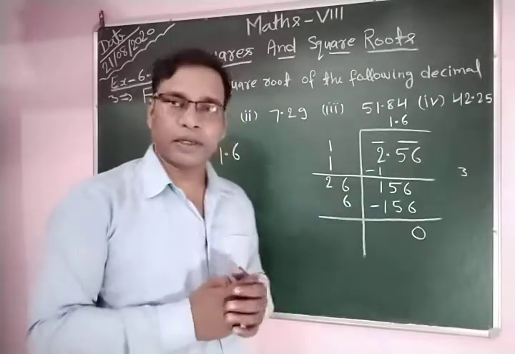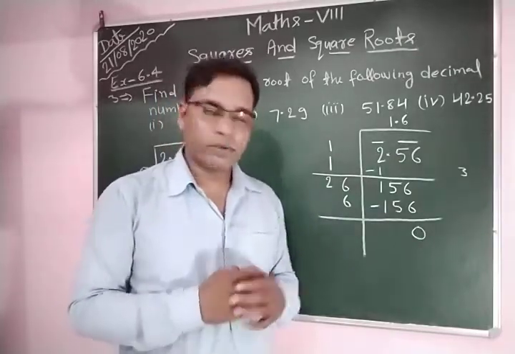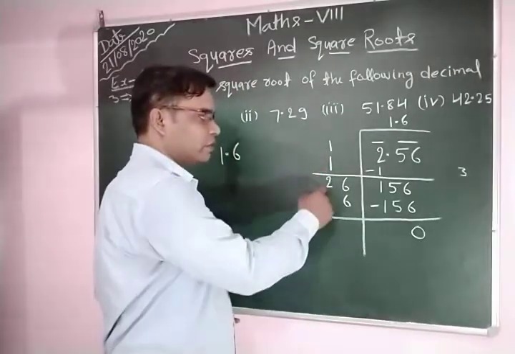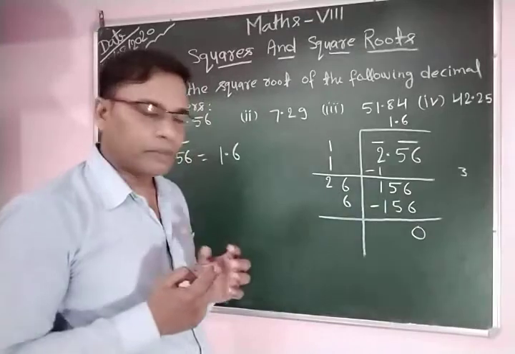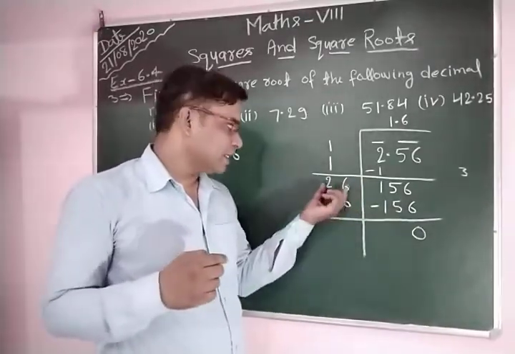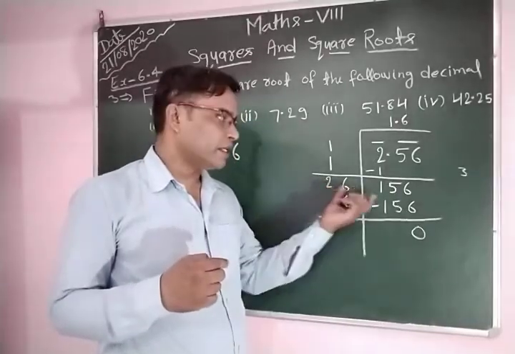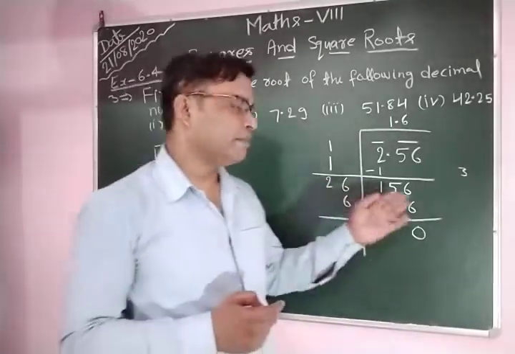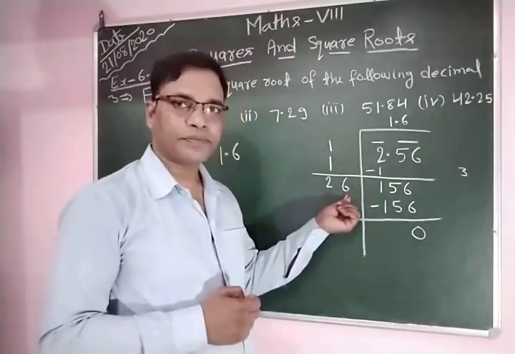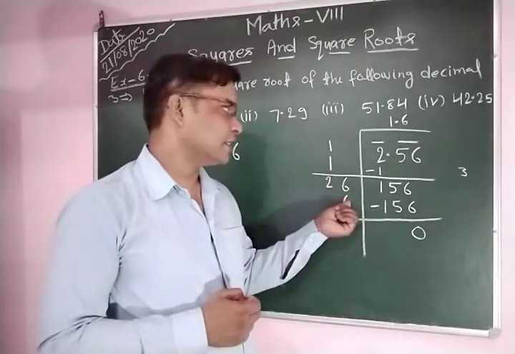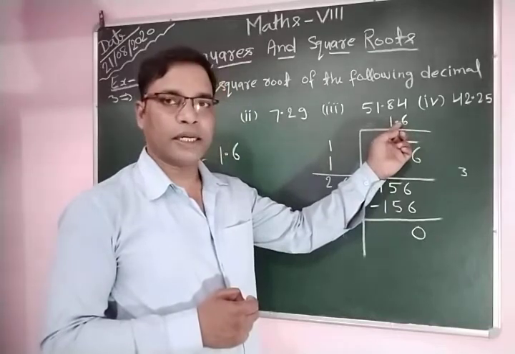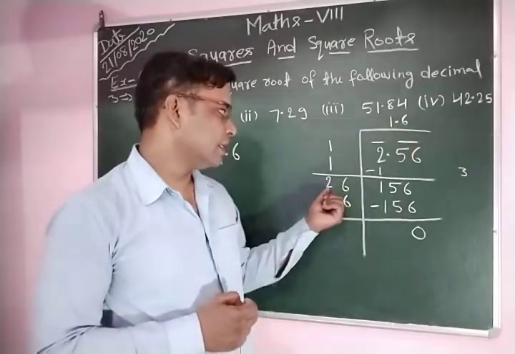After this we select the number: we add 1 plus 1 is equal to 2, and after this we select the number that fills this blank space and multiply this new divisor to obtain a number less than or equal to 156. So for this we select 6, and again write 6 in the quotient. So we have 1.6 in the quotient place and here 26.